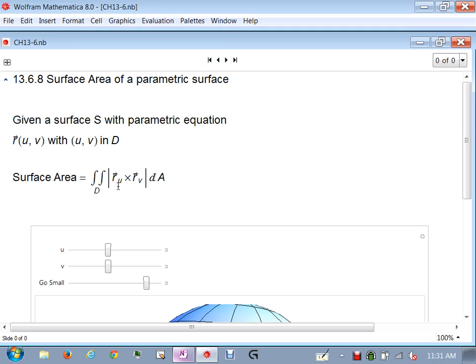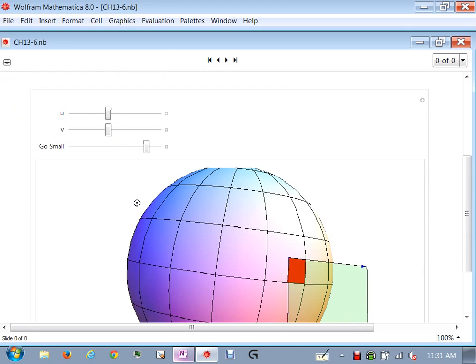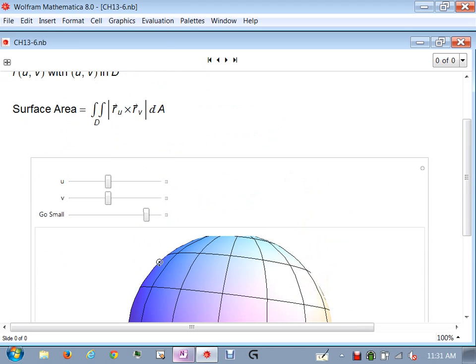So I'm hoping that kind of geometrically convinces you that we can find the surface area of the surface by doing the infinite sum of all of these little patches. And each patch requires that we do a parallelogram and scale it, and then add them all up. Does that seem okay to you? Visually, does it seem okay?